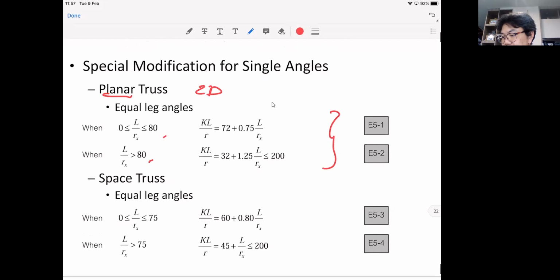And when you consider space truss, that's a 3D truss, the space truss is like the one in the canopy in front of your KFC. That's a space truss, you use this set of formula, and that's all. I can tell you that I'm not going to put you through this in the exam or in the project. This is just for your knowledge alone, okay?